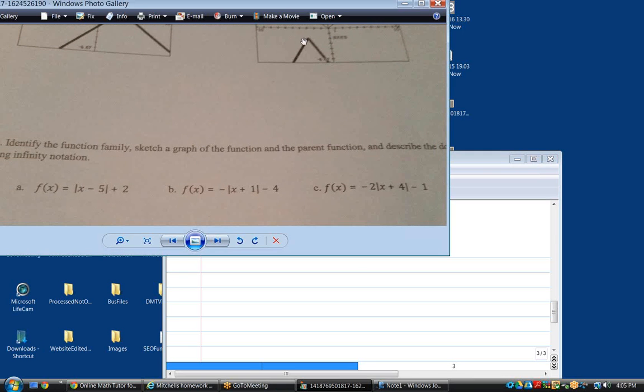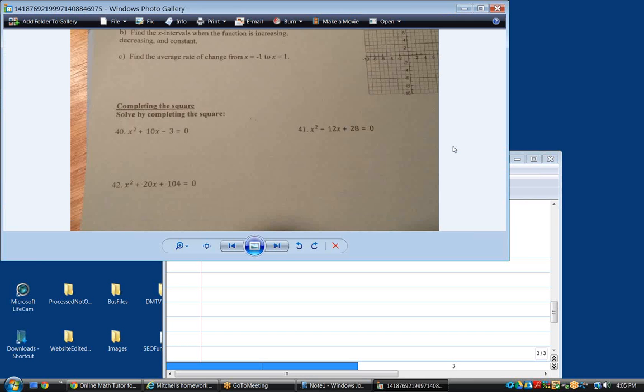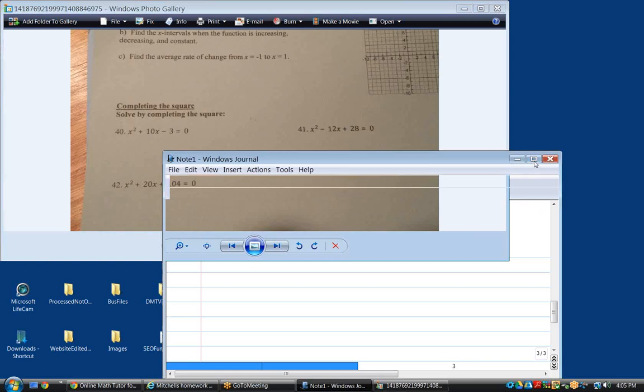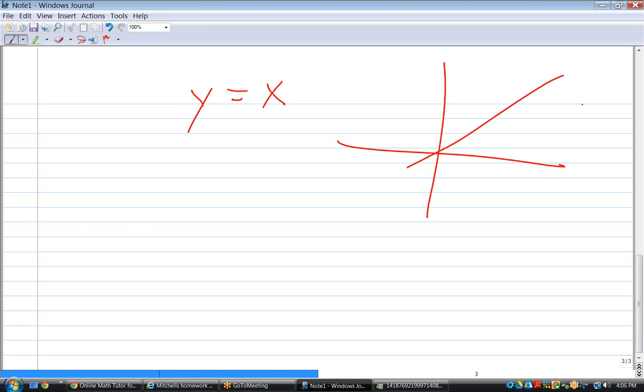Yeah. I didn't really get the function family. What does that mean? All right. There are 10 elementary functions. There is the linear function, y equals x. There is y equals the absolute value of x, which is this function.